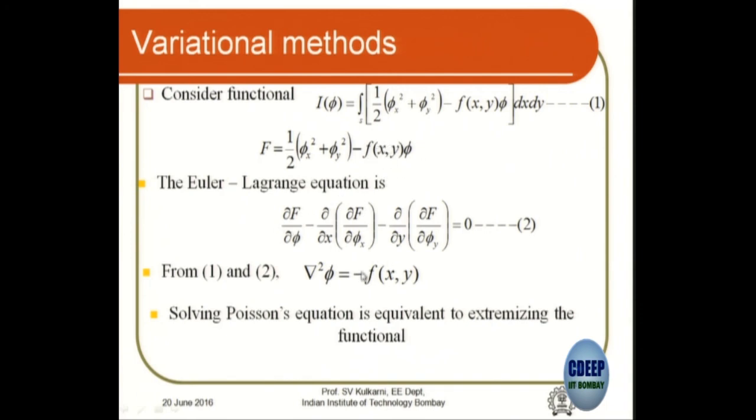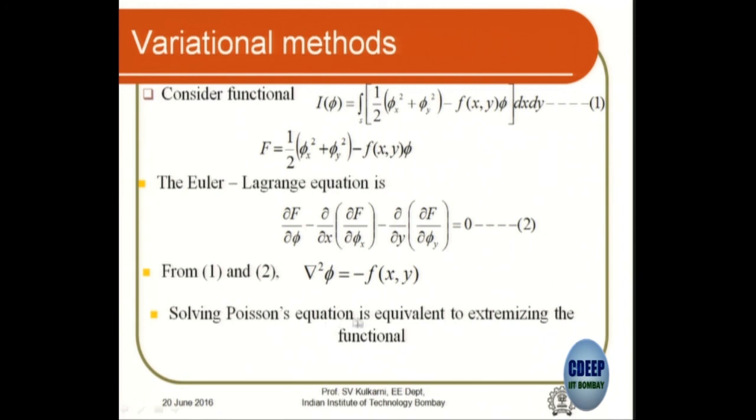That is why it is coming as minus f. And this term, half phi x square plus phi y square, when you substitute it here, you will get phi xx plus phi yy, that means double derivative with respect to x and y, that is nothing but del square phi. So you get del square phi is equal to minus f.